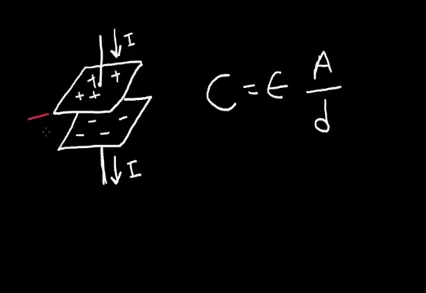So in this case, the distance between the plates is D, and the area of the plate is A. So what is this epsilon? This is the Greek letter. It's a symbol for permittivity.